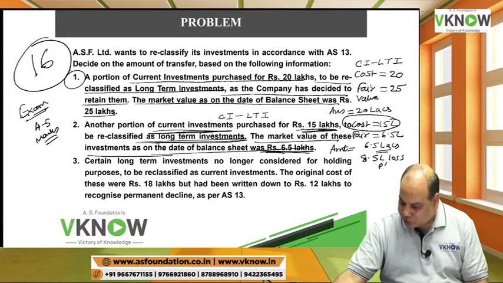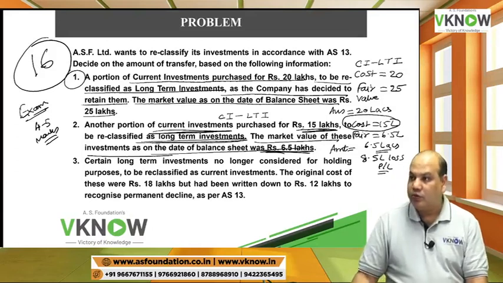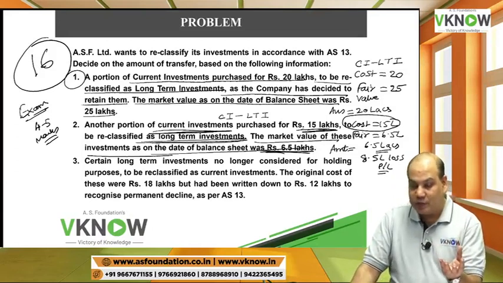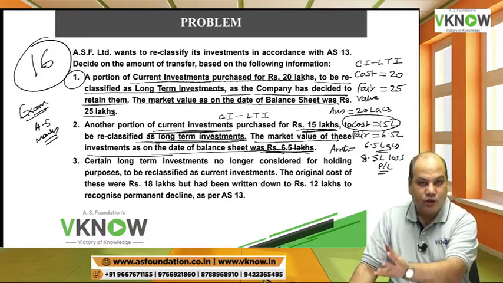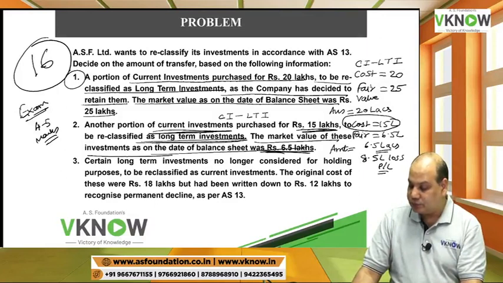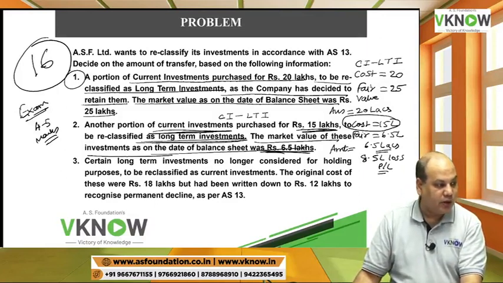The 8.5 lakh loss will be transferred to the P&L account, because you purchased for 15 and are transferring to long-term investment at 6.5. Most of the students have given the correct answer: 6.5 lakh, and the loss will be 8.5 lakh.